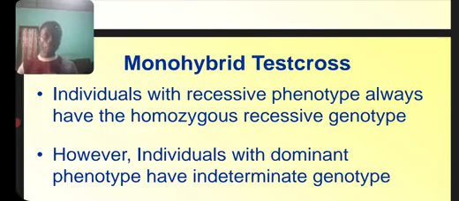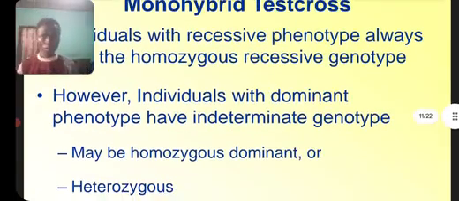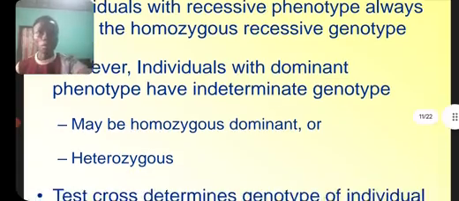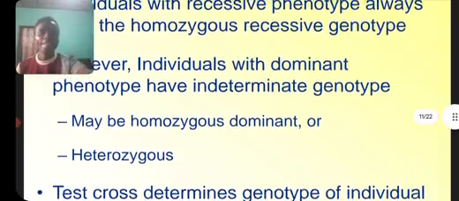For a plant to be completely short, that means they have a homozygous recessive genotype. However, individuals with a dominant phenotype may be homozygous dominant or heterozygous.